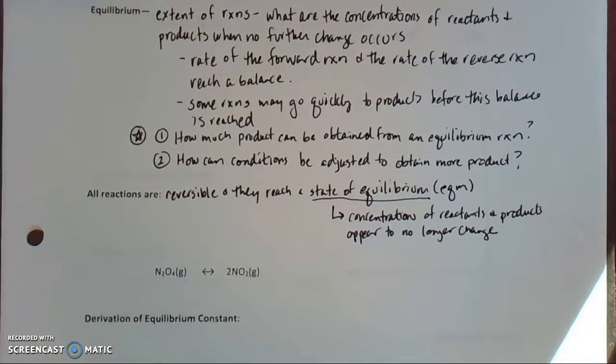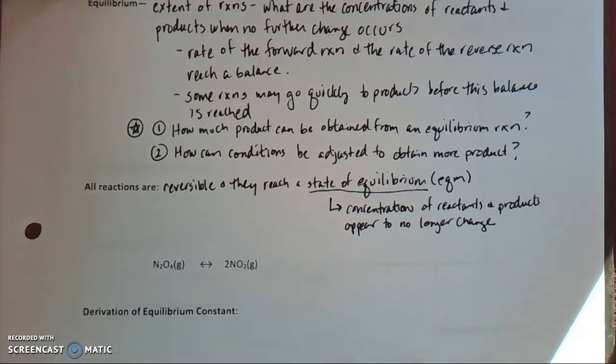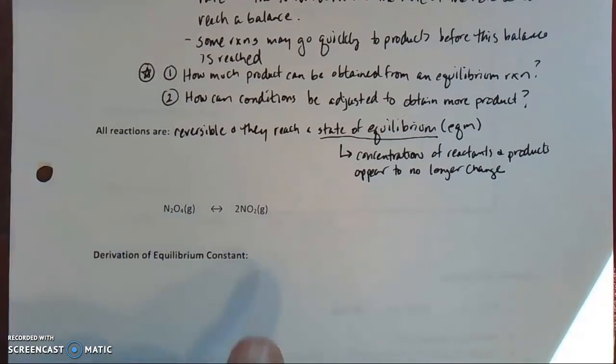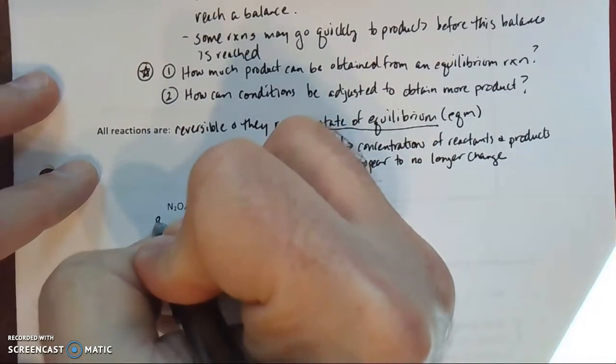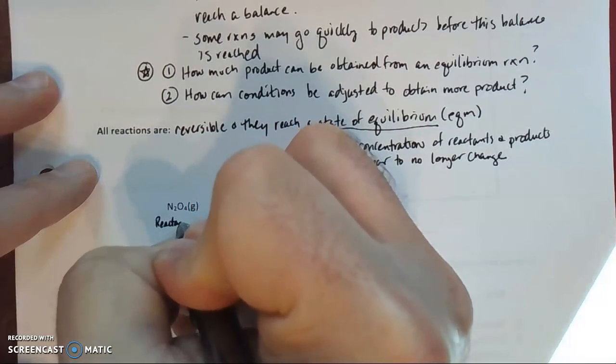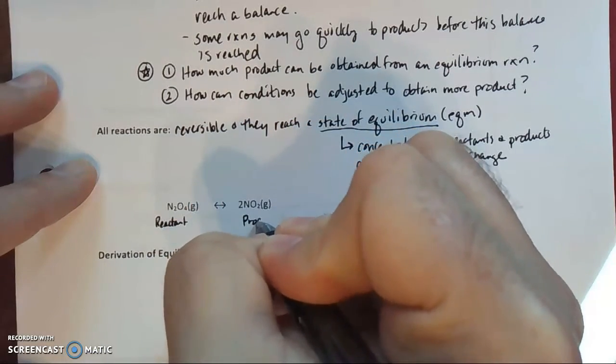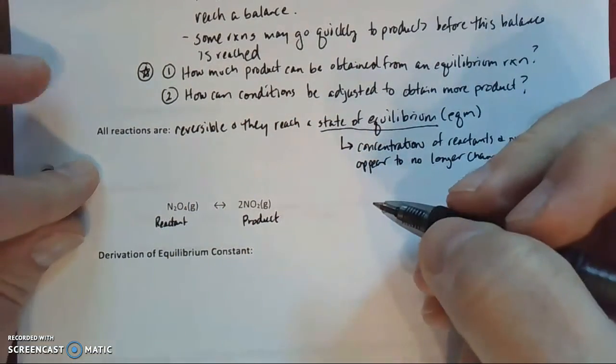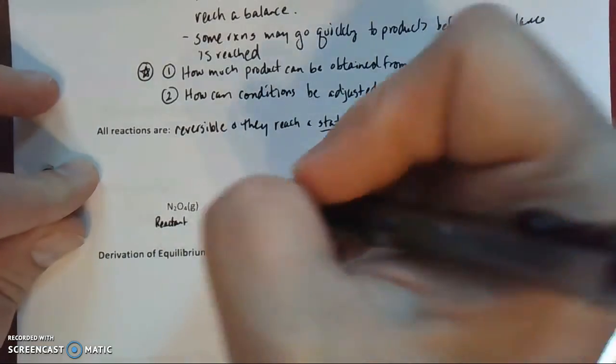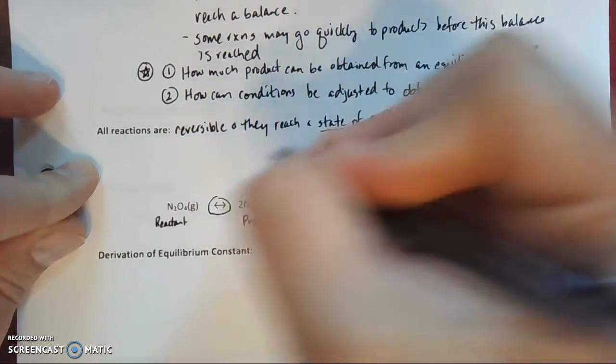And with that, here is what these equilibrium reactions look like. You can see that we have a reactant, N2O4, and our product is NO2. It is balanced. And you see that we have a double arrow here.